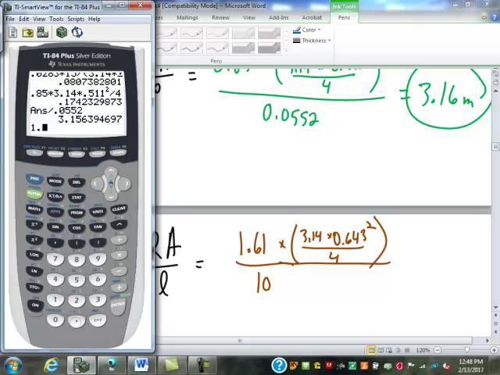So 1.61 times 3.14 times 0.643 squared divided by 4, then divided by 10 meters, gives 0.0523.